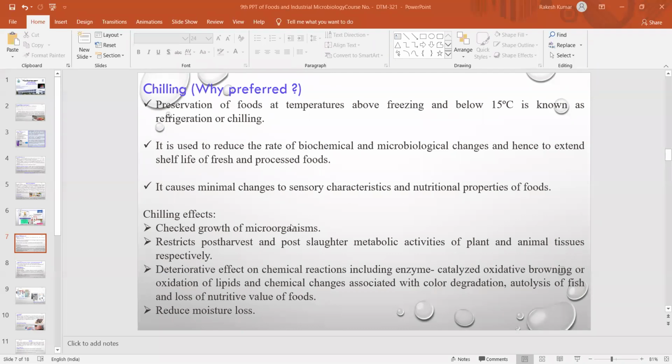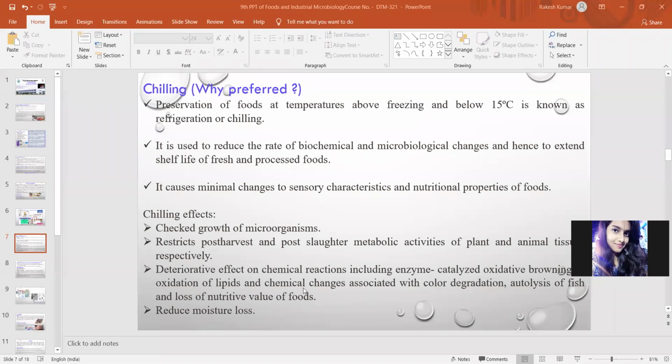Now, the chilling effect. It checks growth of microorganisms. It restricts post-harvest and post-slaughter metabolic activities of plant and animal tissues respectively. It also checks deteriorative chemical reactions, including enzyme-catalyzed oxidative browning or oxidation of lipids, and chemical changes associated with color degradation, autolysis of fish, and loss of nutritive value of foods.